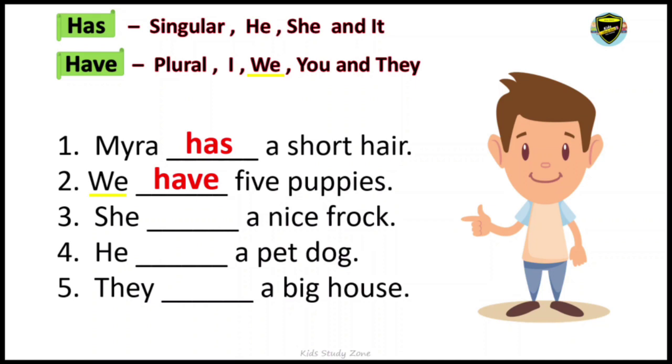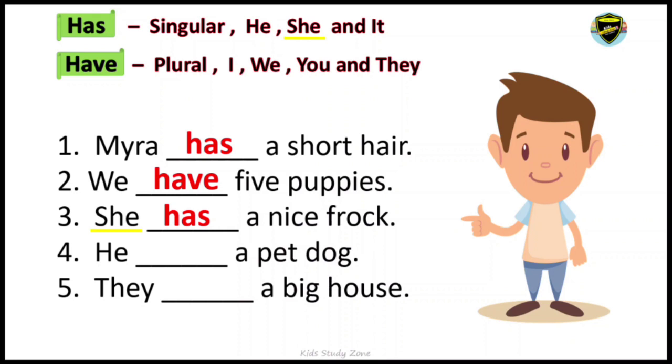Now let's see the next one. She dash a nice frock. She. Let us see she in the rule box. She is there. So, with she, we will use has. We're talking about one girl. So, we will write she has a nice frock. Let's see the next one. He dash a pet dog.